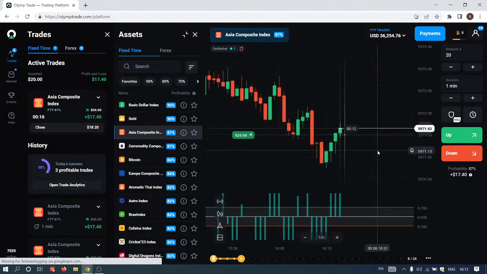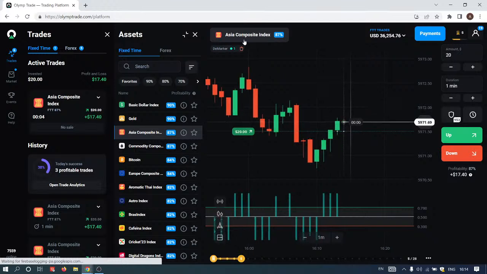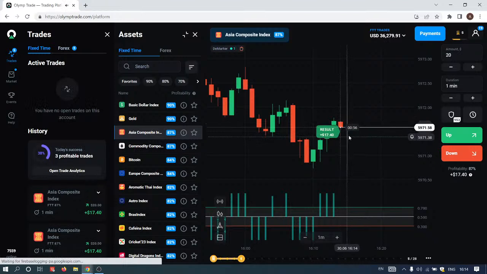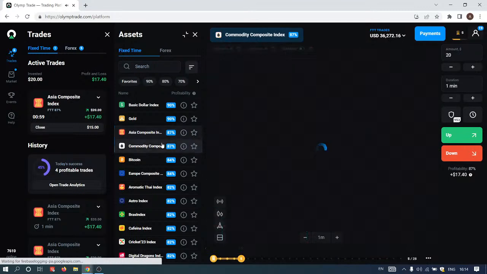Now we can open one more trade on this asset, and then afterwards we will move to a new one. So we can try multiple assets and see how this strategy, how this indicator works on different assets. Okay, a new dash appears and we open an upwards trade.